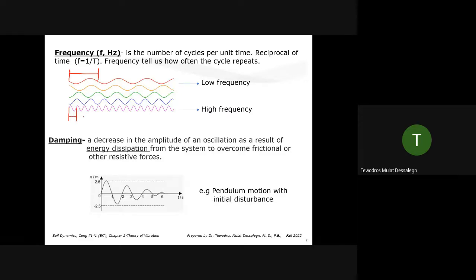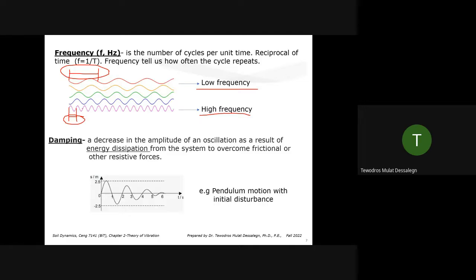So this one has a shorter period. This one has a longer period. A longer period, we call it low frequency. Because frequency is the inverse of period, you have very few cycles within a certain period of time. But this one has a lot of cycles happening. When it's a lot of cycles, we call it high frequency. When very few cycles, low frequency.